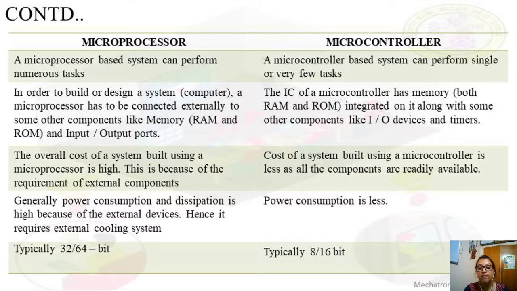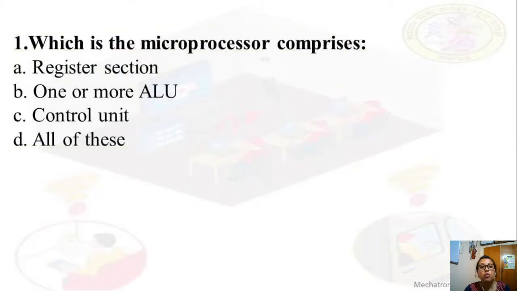So let us see some multiple choice questions. What does a microprocessor comprise? Register section, one or more ALU, control unit, or all of this. A microprocessor comprises all three, because register, ALU and control unit all come under the CPU.